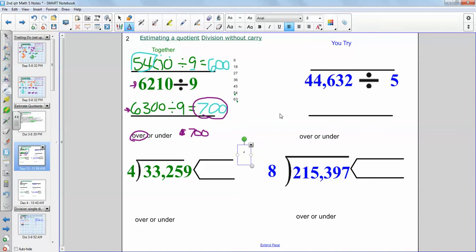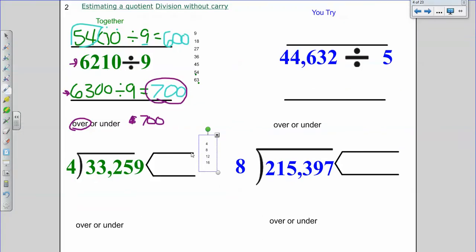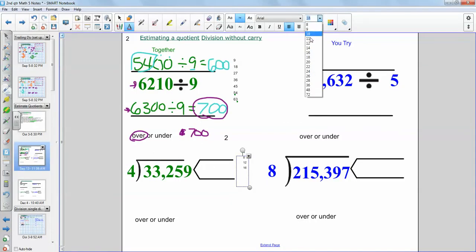So I've got 4, 8, 12, 16. I want to write 20, not in a ginormous font size. 4, 8, 12, 16.